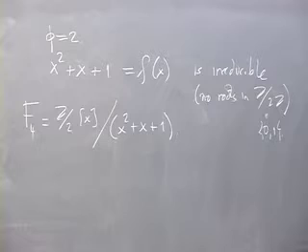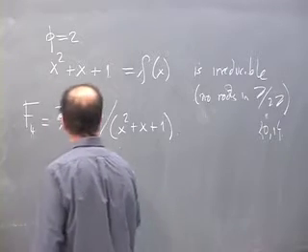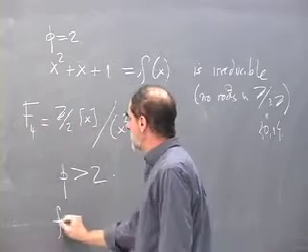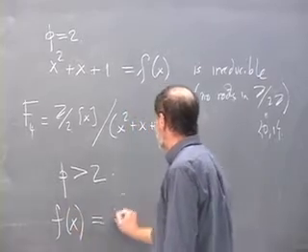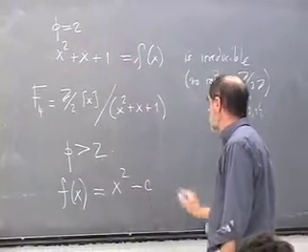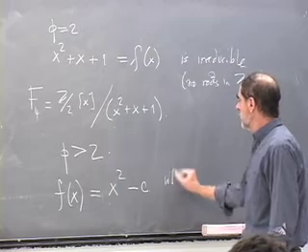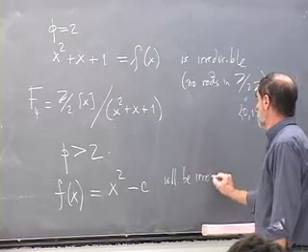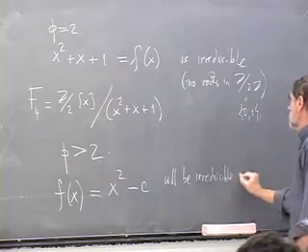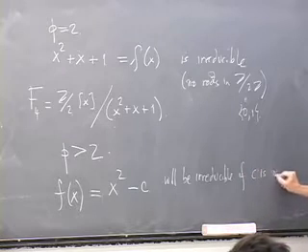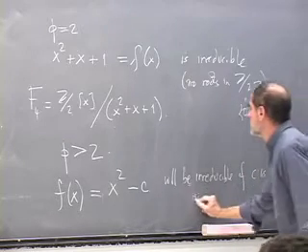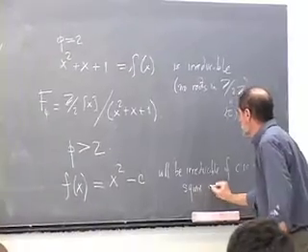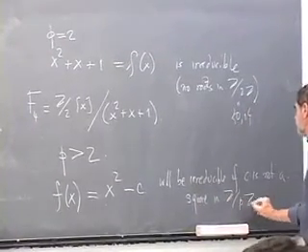Okay? Now, let's assume p is bigger than 2. So we're going to take a look at a polynomial like this. F of x is x squared minus c, which will be irreducible if c is not a square in Z mod PZ.